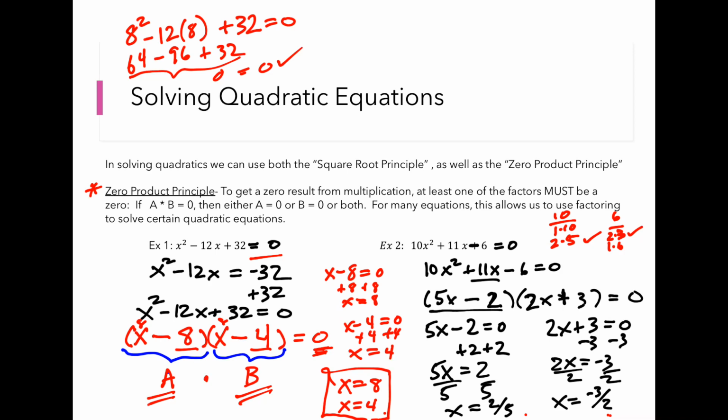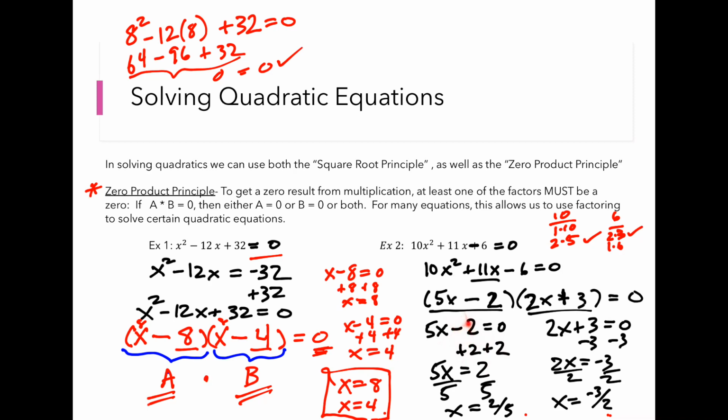Just to look at the pattern so you don't have to go through that process each time, notice that my answer 2/5 was the opposite symbol of what I have here. It was positive instead of negative, and it was always divided by whatever I had in front of x. The opposite symbol is easy to see, because to get it to the other side of the equation, I've got to do the opposite thing.